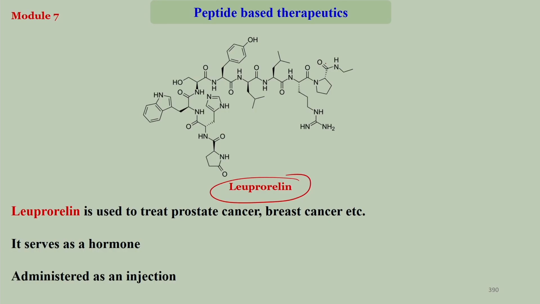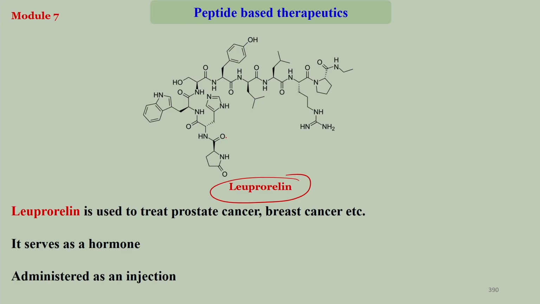leuprorelin has this structure. It is a peptide, of course, you can see a short sequence. If you start from here, this is a proline, this is arginine, this is leucine, another leucine, tyrosine, this is serine, this is tryptophan, this is your histidine, and this is not a natural amino acid.